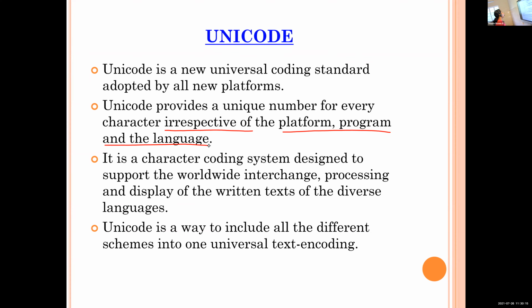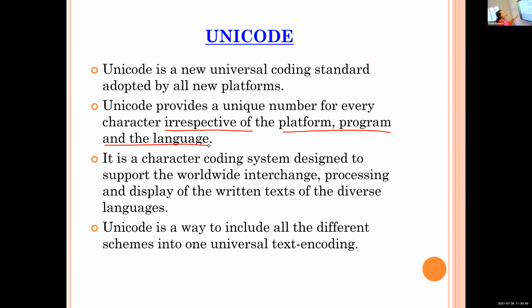So Unicode is a new universal coding standard. It is common in the universe, in all regions. Unicode is a new universal coding standard adopted by all new platforms. Unicode provides a unique number for every character irrespective of the platform, program and the language.